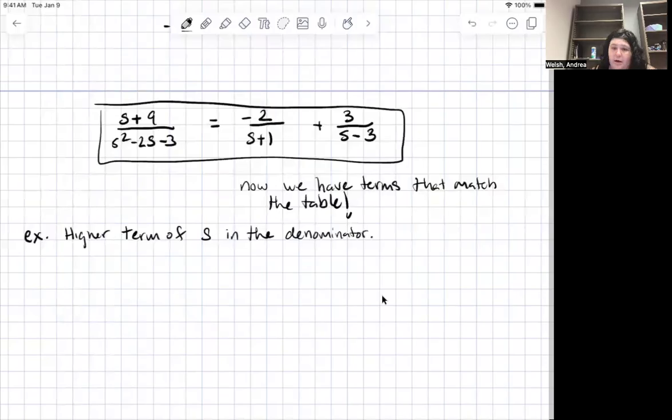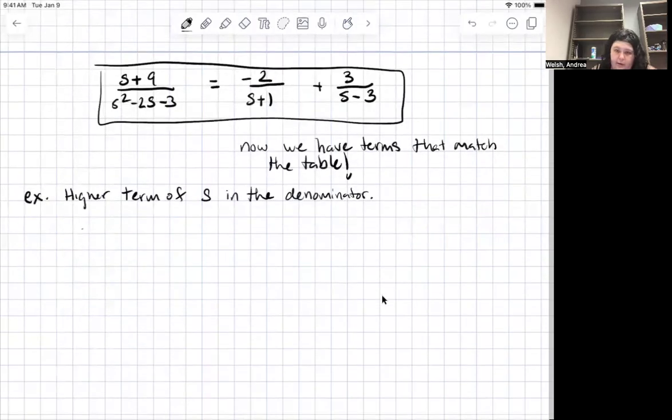Well, what do I mean by that? If we had something of the form 2s squared plus s plus 13, the numerator again doesn't matter here. But let's say in the denominator we factored s minus 1, but then we had (s plus 1) squared plus 4.